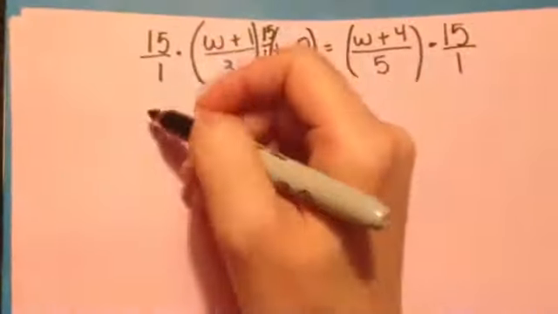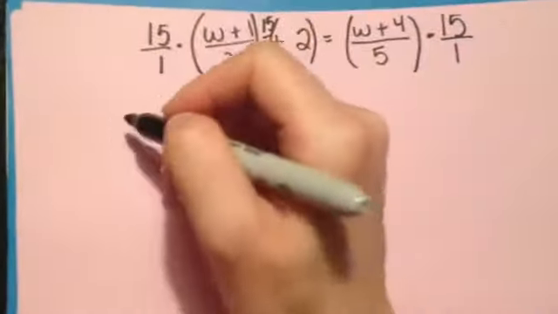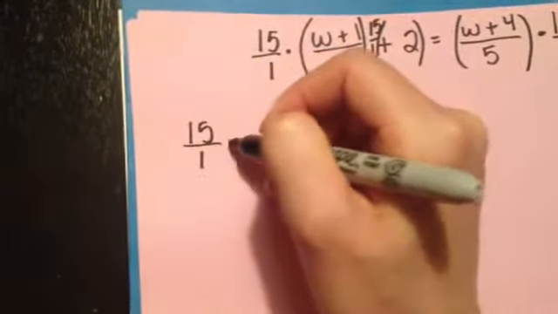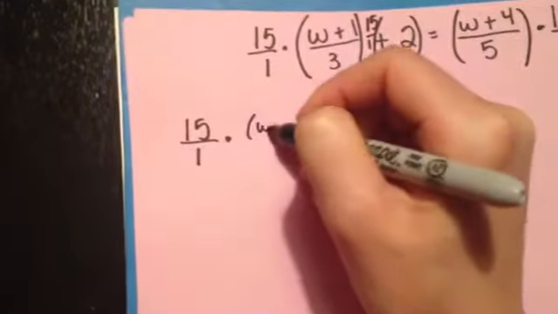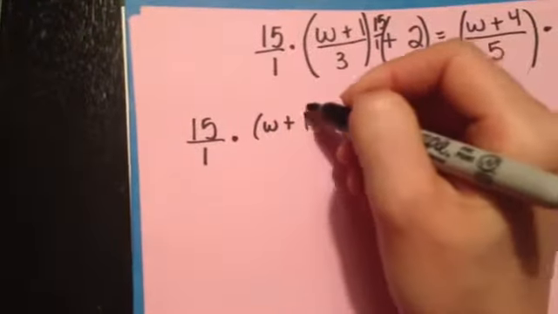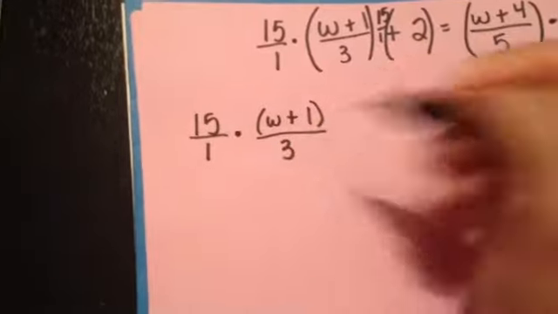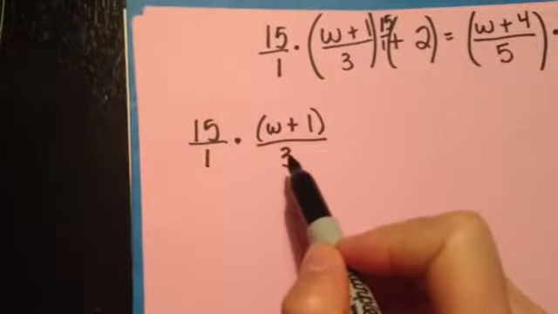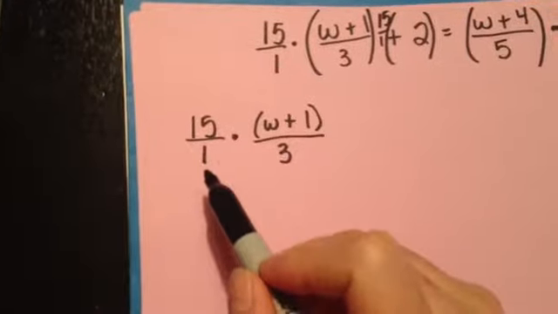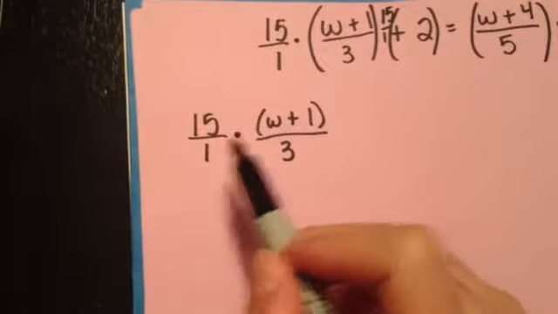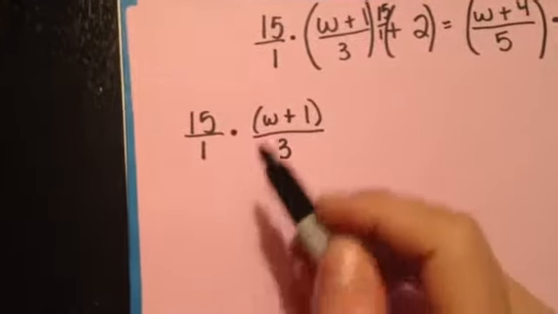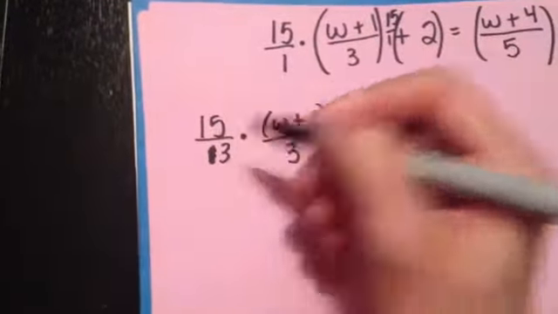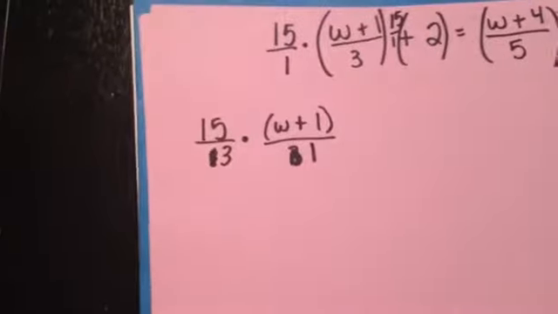Now I'll do each piece separately. This piece is 15 over 1 times the quantity w plus 1 over 3. Because of the commutative property, 1 times 3 is the same as 3 times 1, and I can multiply fractions straight across, so I'll switch the 1 and the 3 so I can reduce 15 over 3.